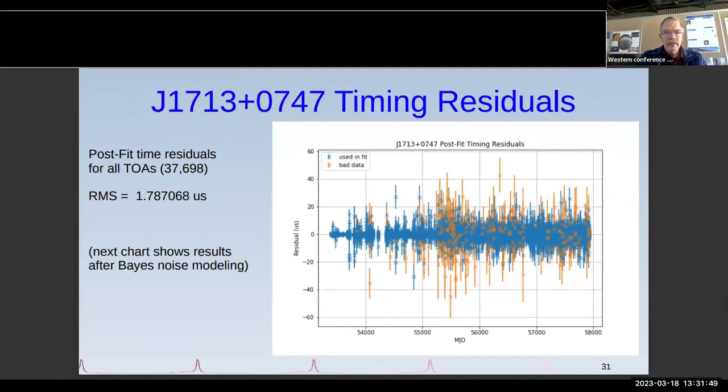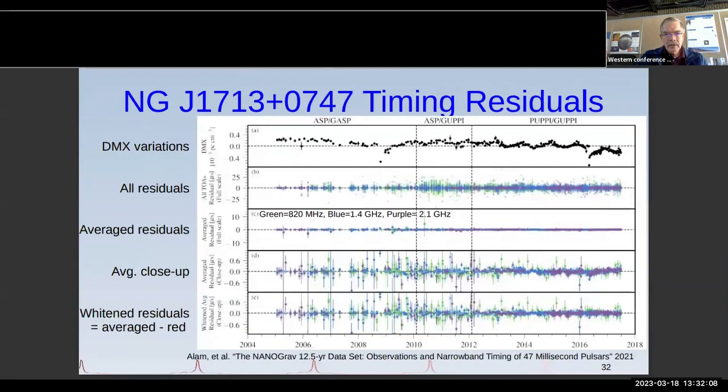Again, this is a plot of the post-fit. After I did the least squares fitting of the model parameters to the data and threw out the outliers, you get an RMS down here, 1.7 seconds. And then again, you run the Bayes model to get your red and white noise models, and you do this plot again.